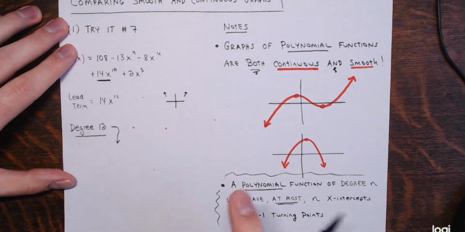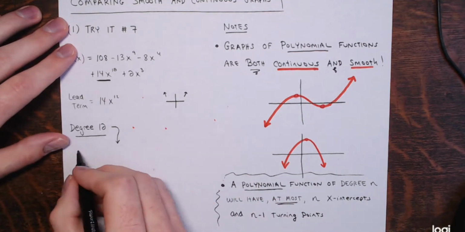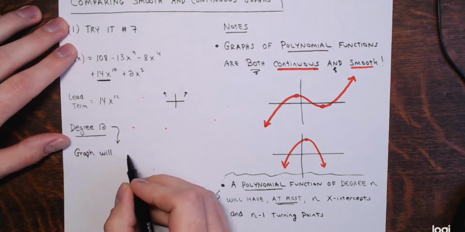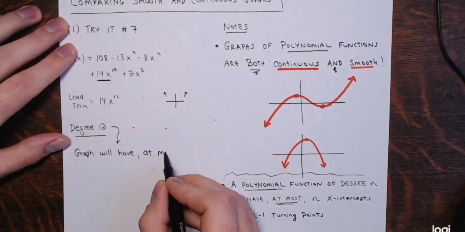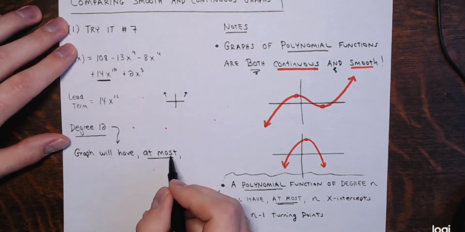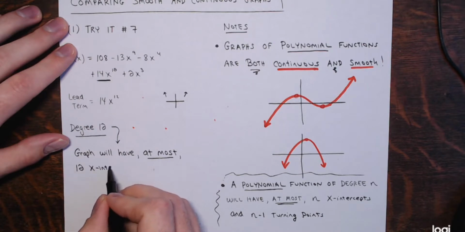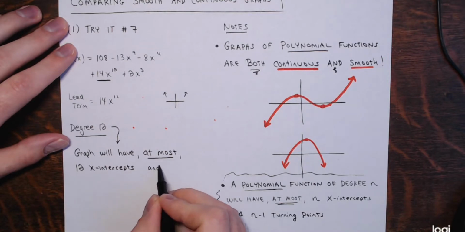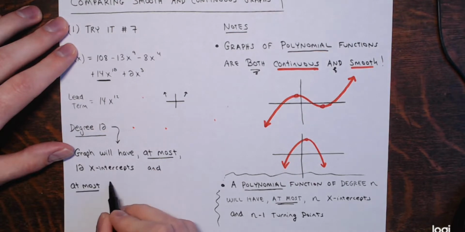And according to the statement I made down here, the graph will have at most, right, can't have any more than this. It can have less than it, but no more than it. Right, the graph will have at most 12 x-intercepts and at most 11 turning points.